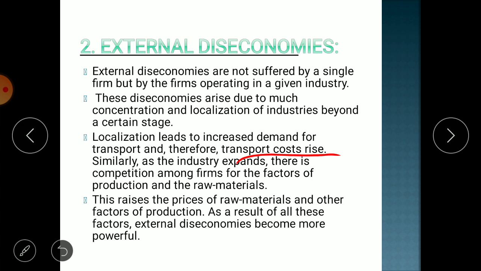Similarly, as the industry expands, there is competition among the firms for factors of production and raw materials. As I have told you earlier, there is enough land area for 100 units, but if 150 units are established, then there will be competition with each other for land area, which will result in a higher price of land.